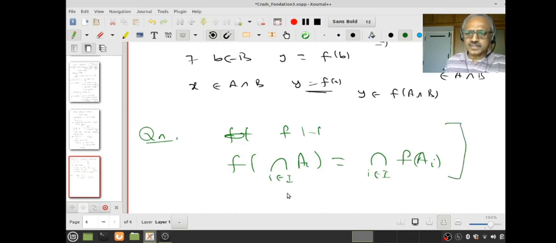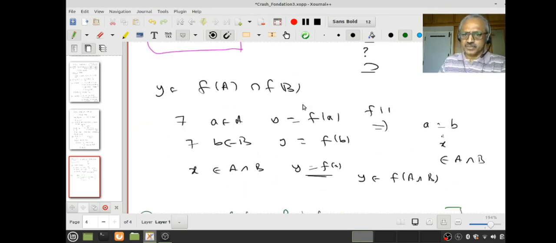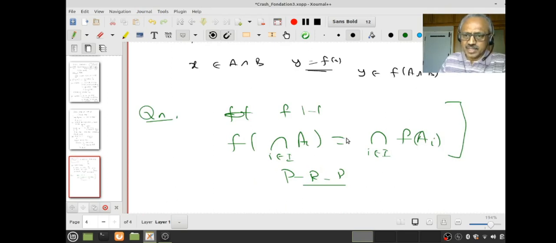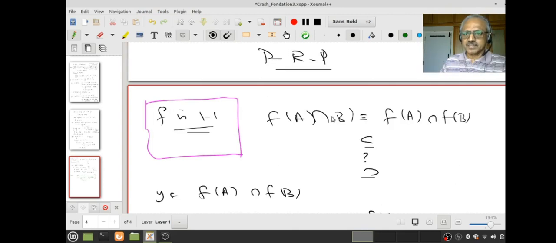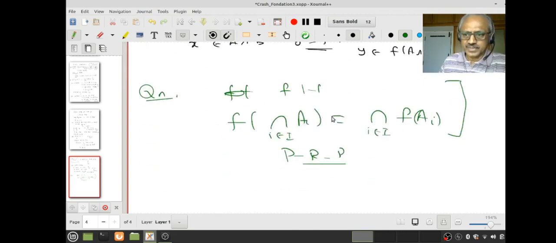If you want, you can pause and review, just to make sure that you understand this logic which we just now learned. Try to imitate that kind of logic and see whether you can prove it. You follow what I'm saying? That will be a good thing so that you also see whether this result generalizes to a more general setup.